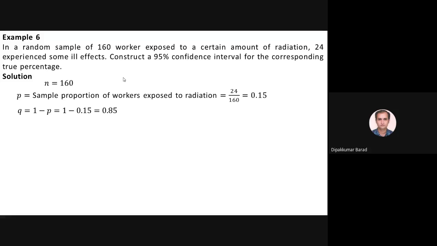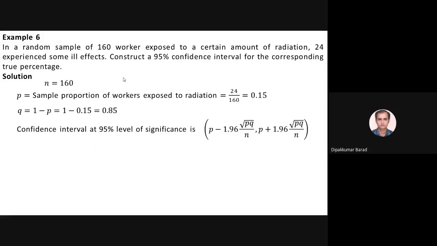As we know, whenever capital P and capital Q are not given, you can use small p and small q to construct a confidence interval, and here we construct it for 95%. So for the 95% level, the confidence interval is p minus 1.96 under root small p small q upon n, and p plus 1.96 under root small p small q upon n.